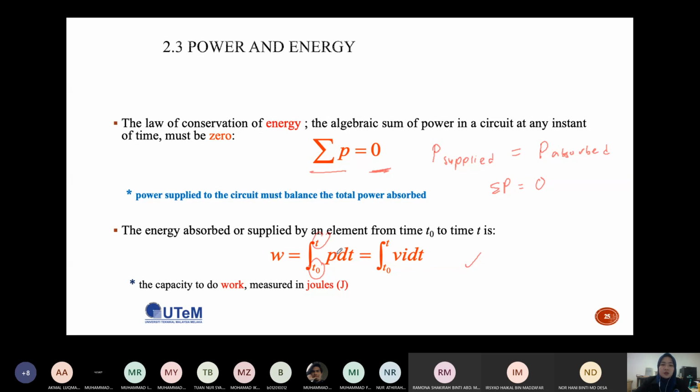You also know that power equals VI, so you can use this similar equation: energy is the integration of VI with respect to t from time t0 to t. The capacity to do work is measured in joules, unit J.